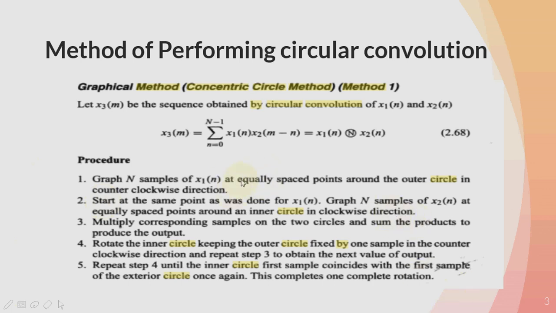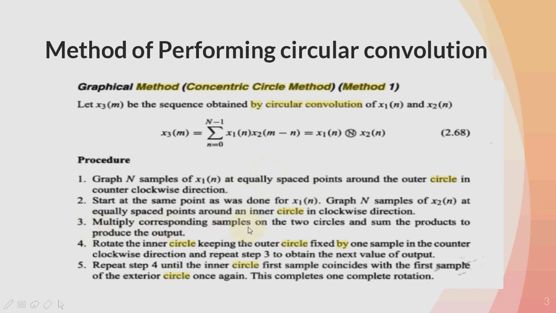So whatever signal points are placed in the outer circle are in the anti-clockwise direction, and the inner circle points are in the clockwise direction. We consider the clockwise direction as the negative direction, and the anti-clockwise direction as the positive direction.